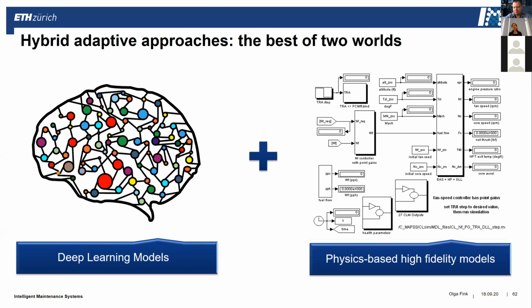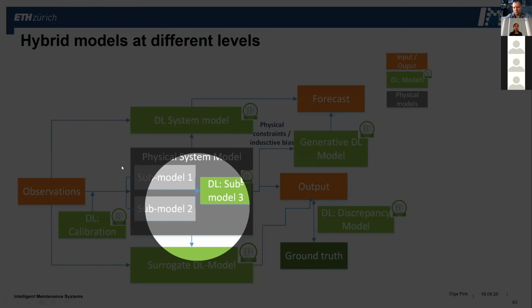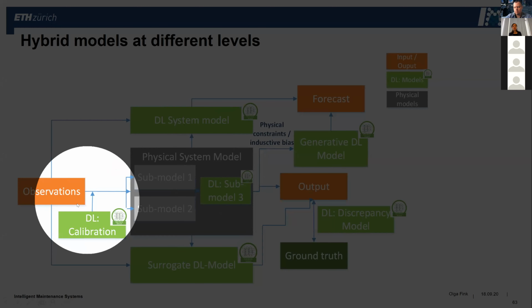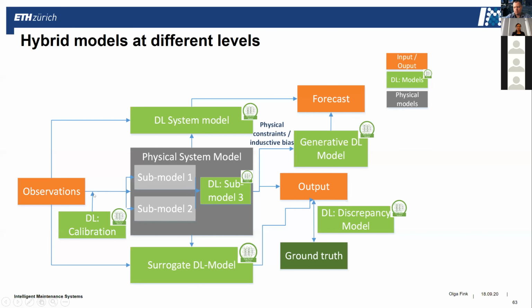We can use deep learning for calibration of our physical models, which has shown to perform quite powerfully, particularly for real-time parameter updates. We can substitute some parts of the physical models with surrogate deep learning models. We can enrich our observations with observations from the physics or systems models, and then combine them in the deep learning models to improve our forecast.